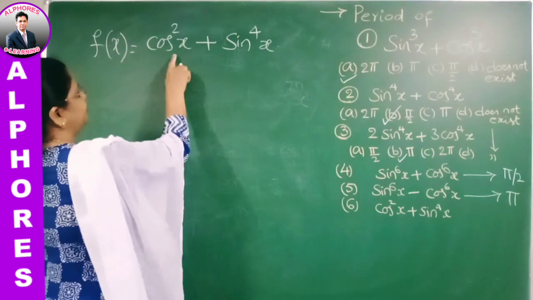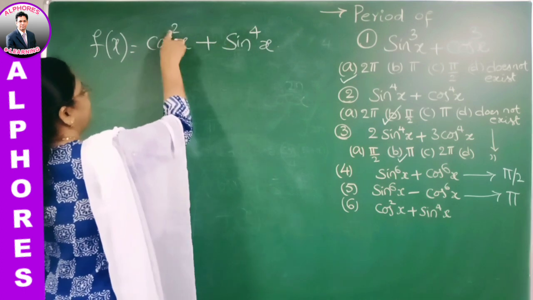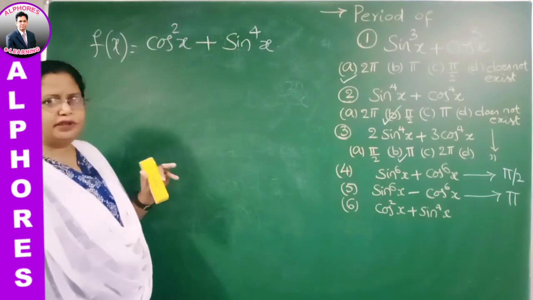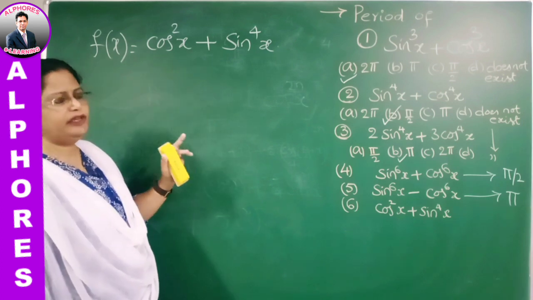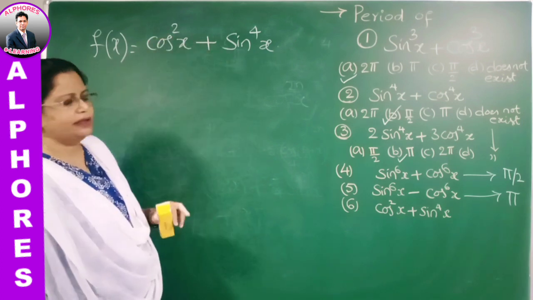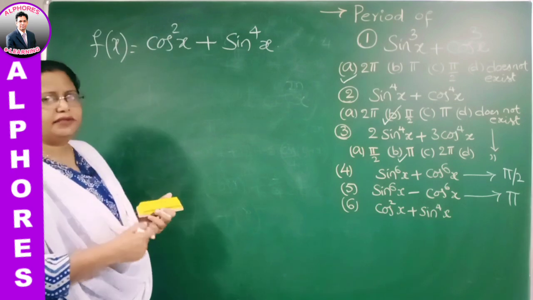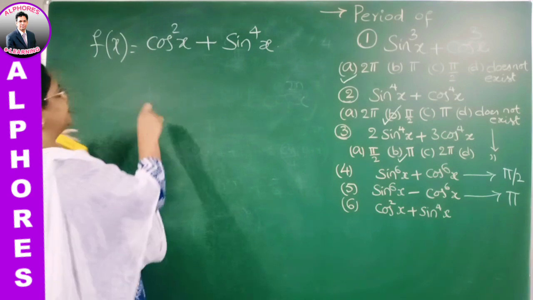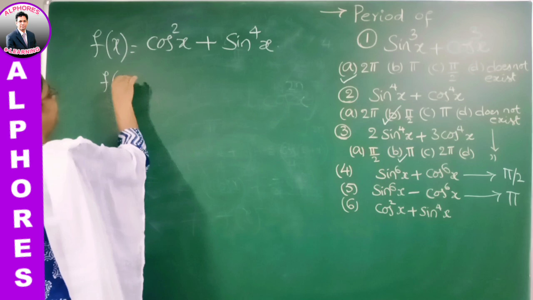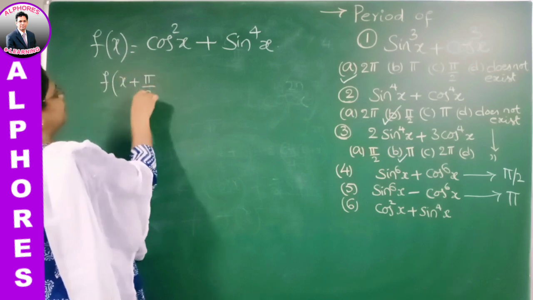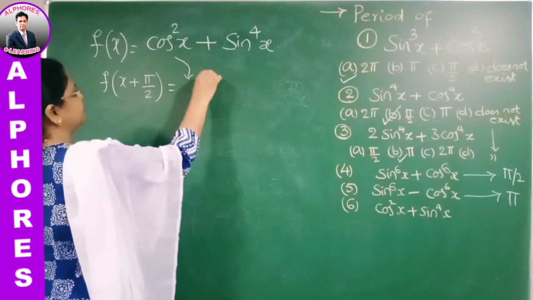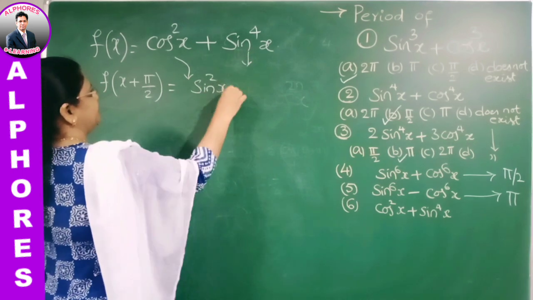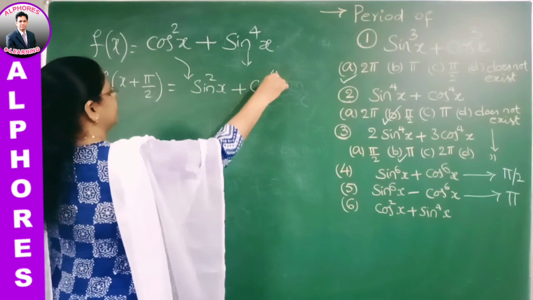You can observe even power, even power. Therefore clearly this is pi, because of even nature. After that I want to search for pi by 2. So if I take pi by 2, replace x by x plus pi by 2, then this will become sin square x, and this will become cos to the power of 4x.